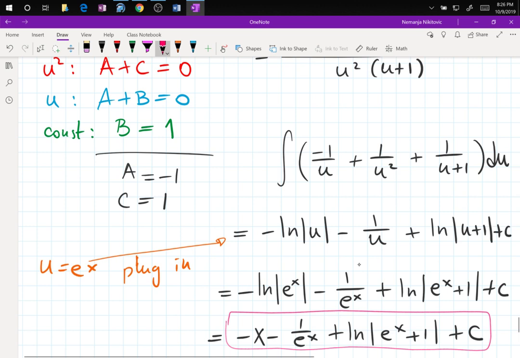Did the computer confirm this or no? I mean, all it takes is just take a derivative. We're good? Wolfram.